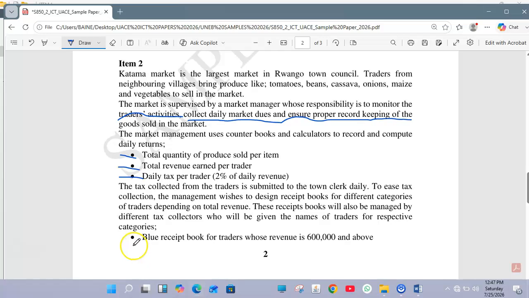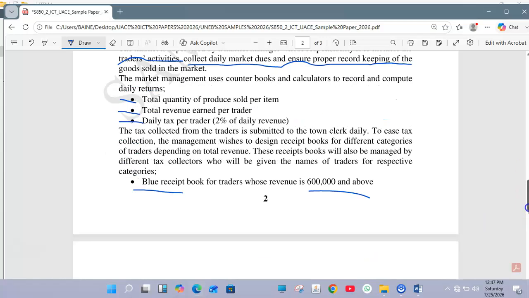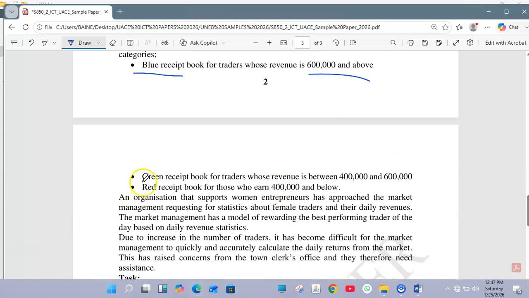For example, the receipt book of brew is for traders whose revenue is 600 and above, the receipt book of grain for traders whose revenue is between 400 and 600, and the receipt book of red is for traders who earn 400 and below.